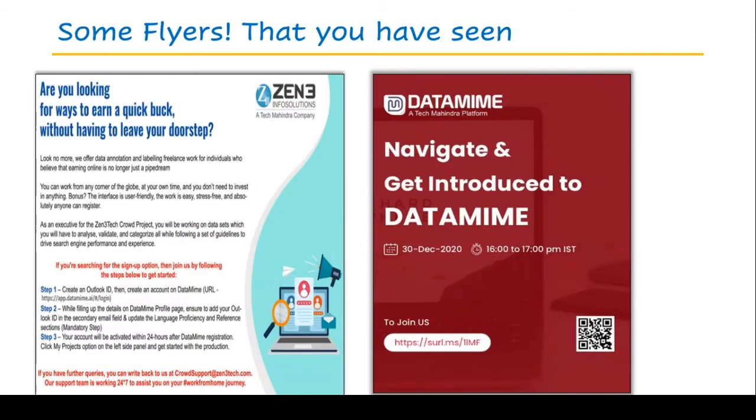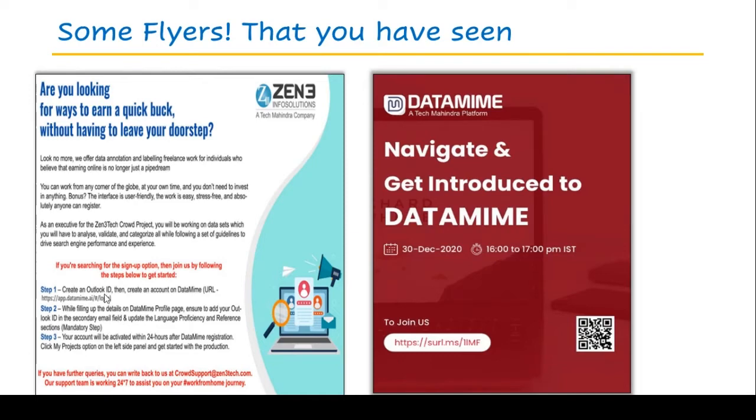Some of the flyers that you must have seen till date are these. The first flyer talks about how to log into DataMine, an introduction to DataMine, etc. There are three important steps that this flyer talks about.